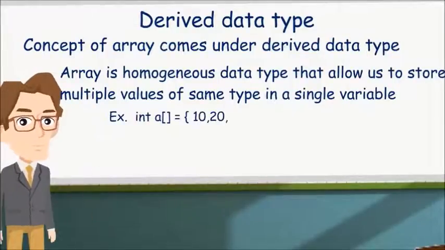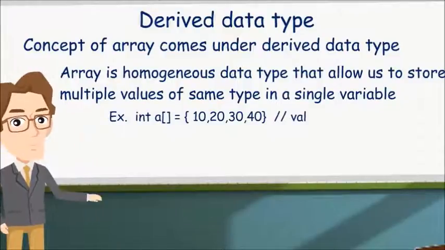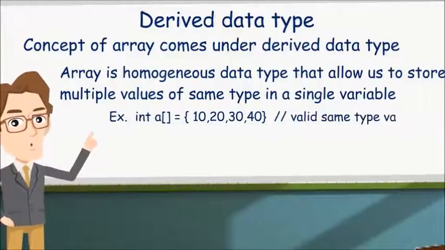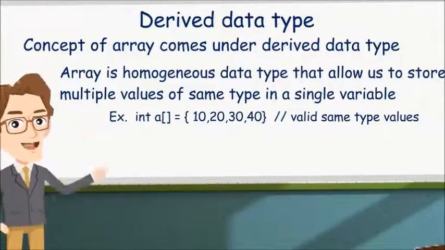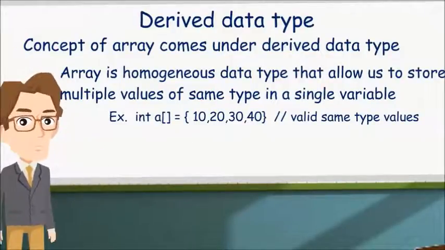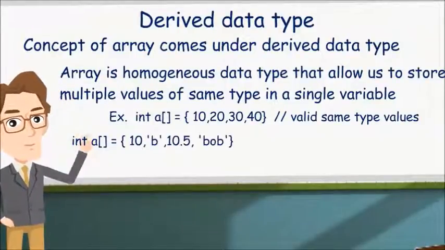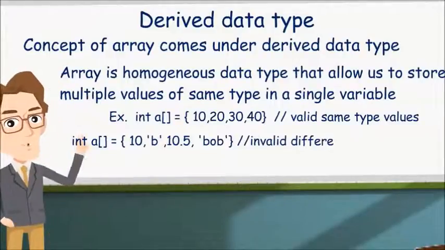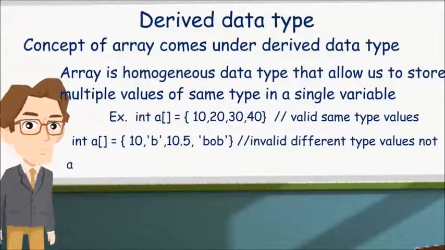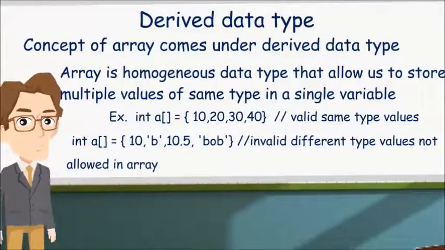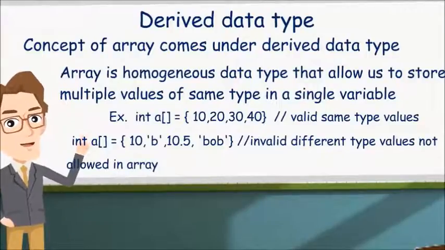Example, int a is an array which takes the values 10, 20, 30, 40. It is valid because all the data is integer type. In second example, int a equals to 10, 10.5, bob. So it is invalid because array only stores homogeneous data type.